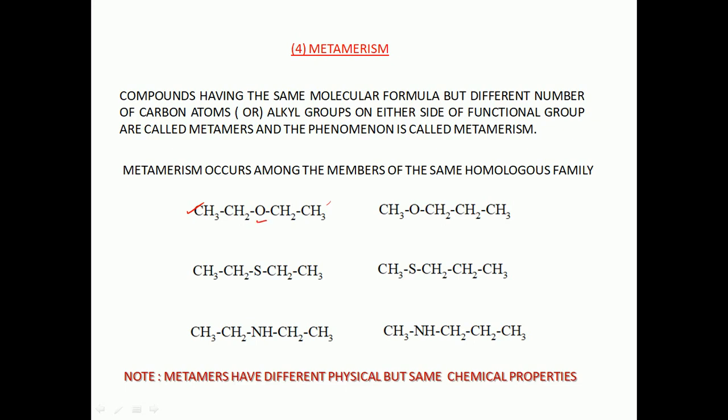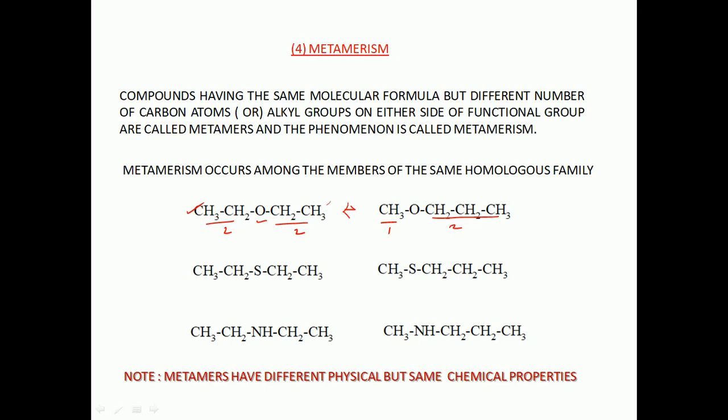In this molecule, on the left side of the ether you have two carbon atoms, and on the right side of the ether you have two carbon atoms. But with the same molecular formula I can write another ether where on the left side you have only one carbon atom in the chain, and on the right side you have three carbon atoms in the chain. So these two are called metamers.